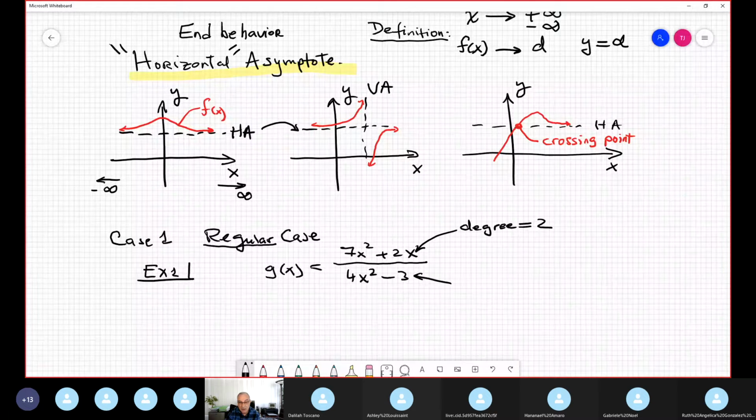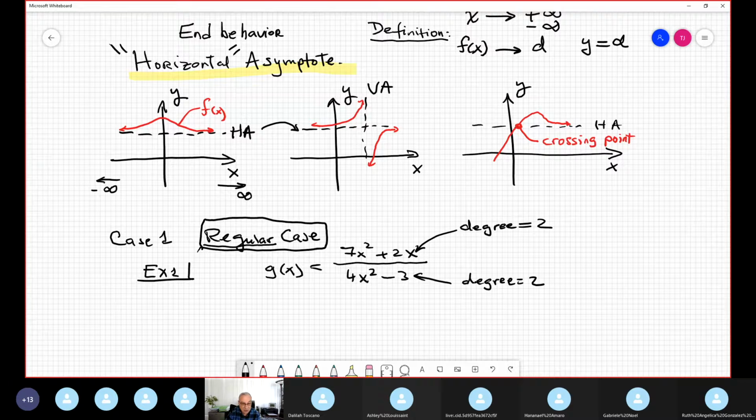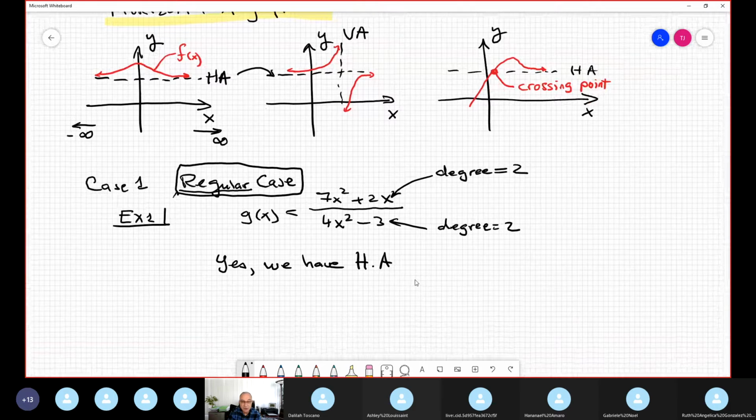And likewise, the degree of the polynomial in the bottom is 2. When the degree is the same, 2 and 2, 3 and 3, 4 and 4, 1 and 1, 0 and 0, yes, it's a regular case. And the answer is yes, we have a horizontal asymptote.